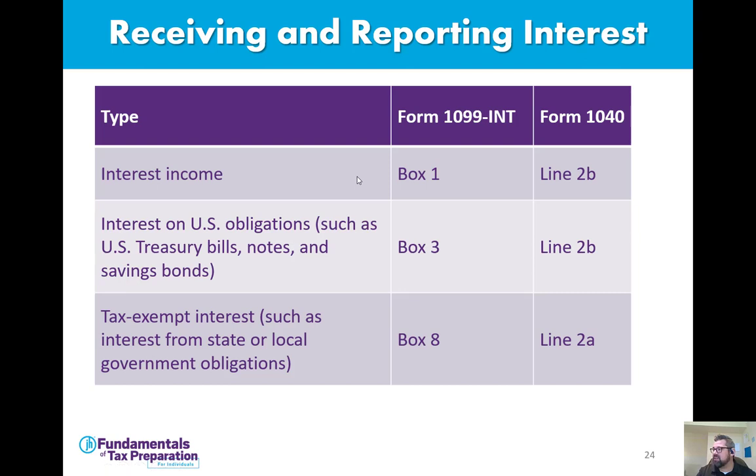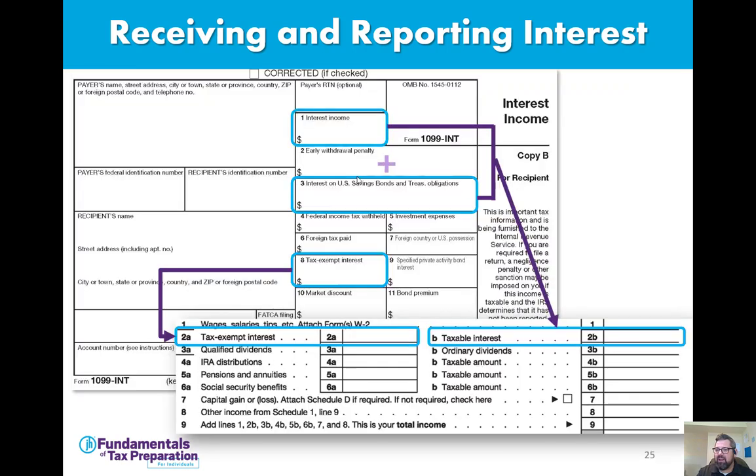So this talks about where you find the information on the 1099-INT form and then where it ends up going on the 1040. Okay, I'm not too concerned about, especially the 1040 line, because it's all done by Profiler. But here's a look at a 1099-INT form. Okay, so we've got the interest income listed up here in box 1.